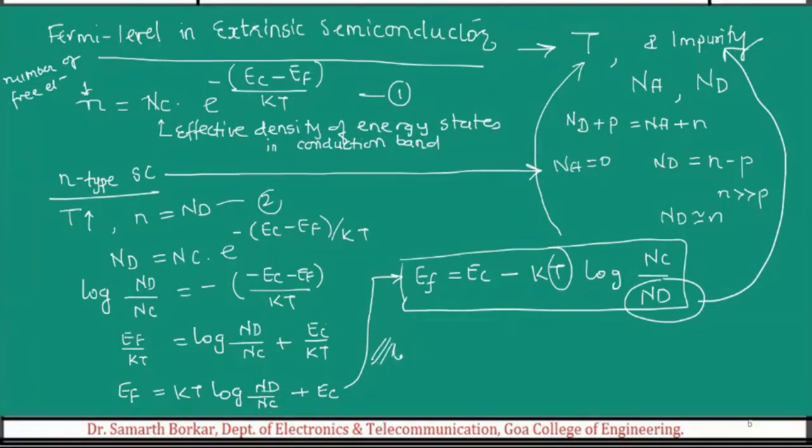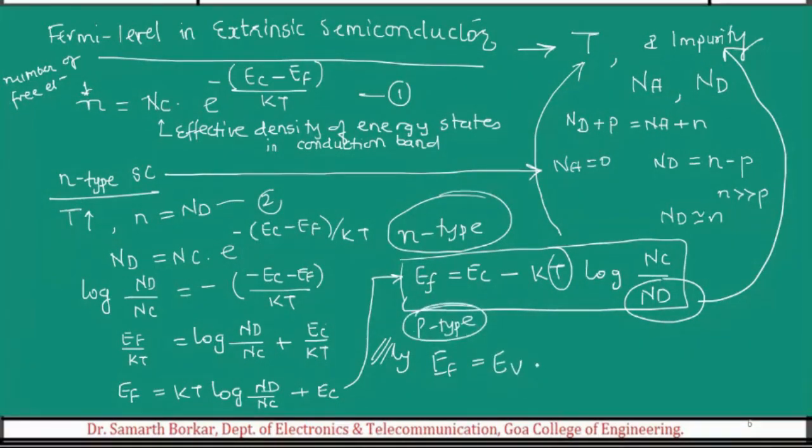Similarly, Ef, this is for an n-type semiconductor, you can note this down, and for a p-type semiconductor, Ef equals Ev plus kT log of Nv by Na.